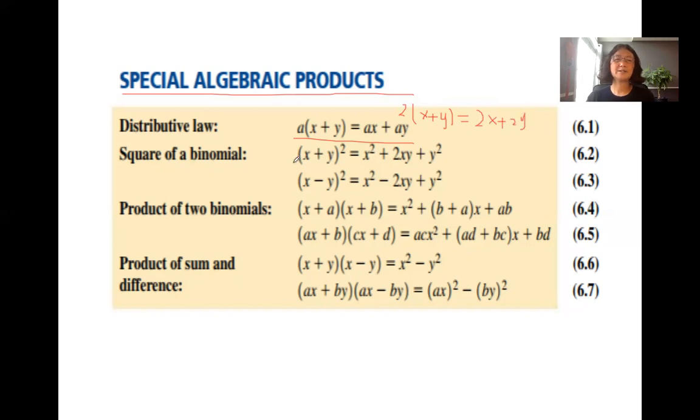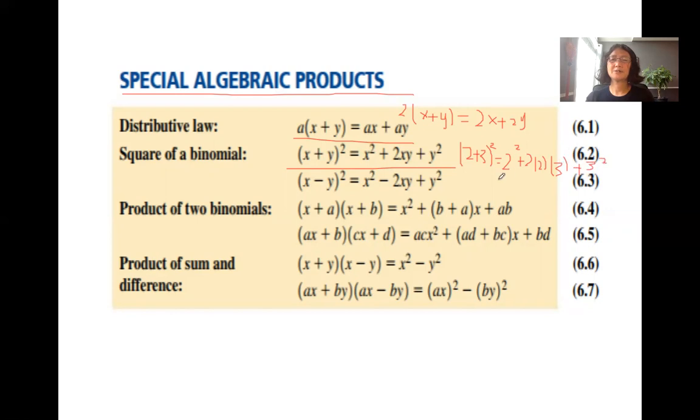And the next one, square of binomials. For example, 2 plus 3 squared equal to 2 squared plus 2 multiplied by 2 multiplied by 3 and plus 3 squared.